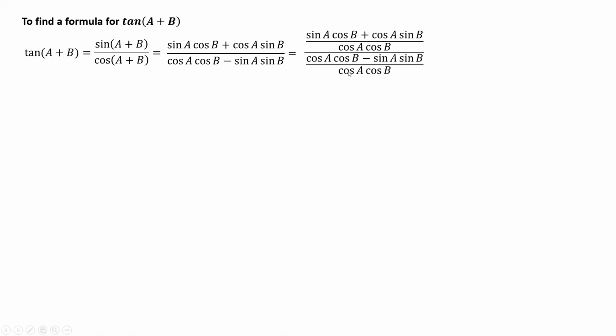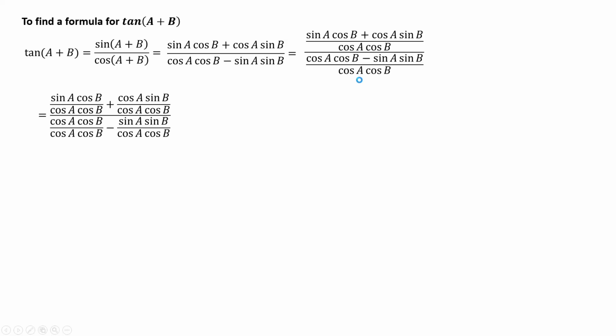Okay, where do we go from here? Now, am I allowed to write A plus B over C as A over C plus B over C? So I can write this as sine A cosine B over cosine A cosine B plus cosine A sine B over cosine A cosine B. Similarly, I can write the bottom also.